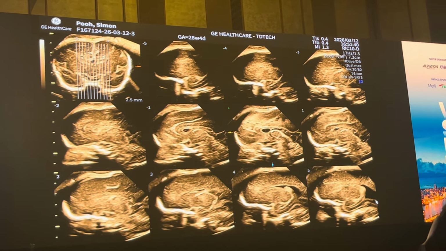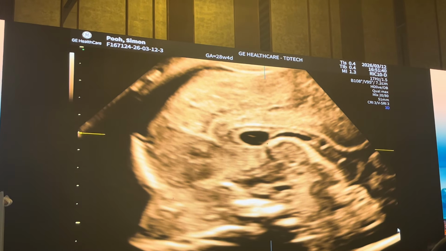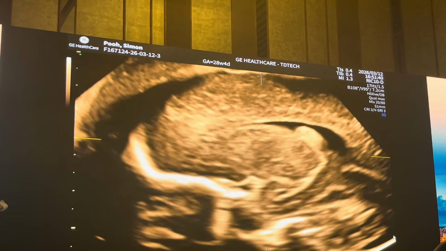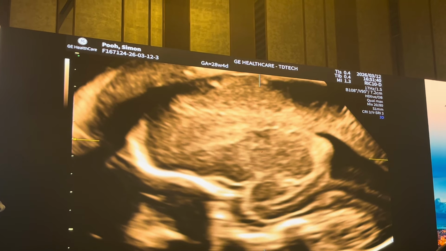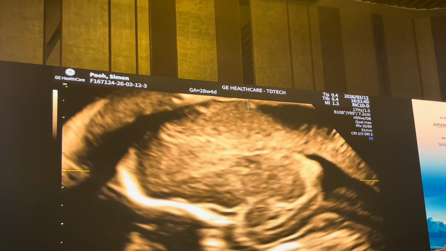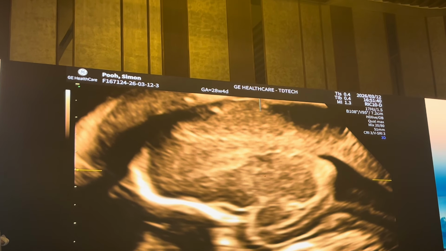Maybe Nguyen is saying that there might be some irregular surface of the ventricular wall, but it is not so irregular. Can you come back to the corpus callosum in the midline?